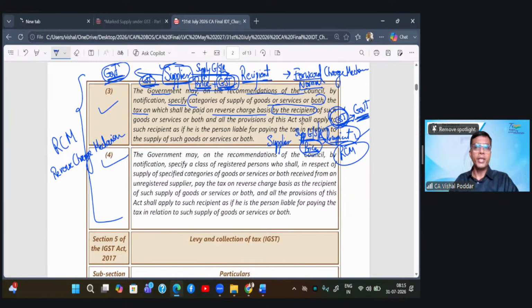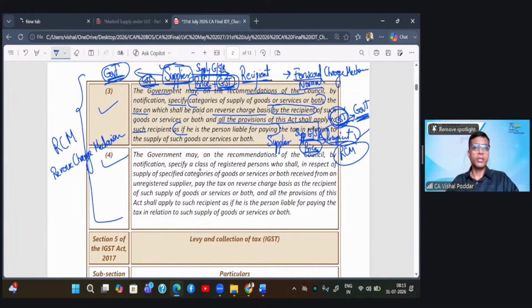And why will they be paying? Because we are applying all the provisions of this act to these recipients as if they are the person liable for paying the tax. In short, in subsection 3, and similarly in subsection 4, the government has made the recipient responsible for paying the GST.